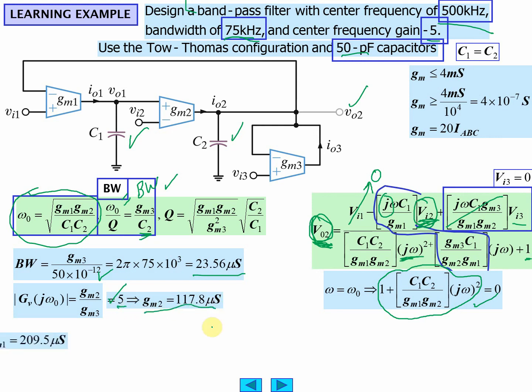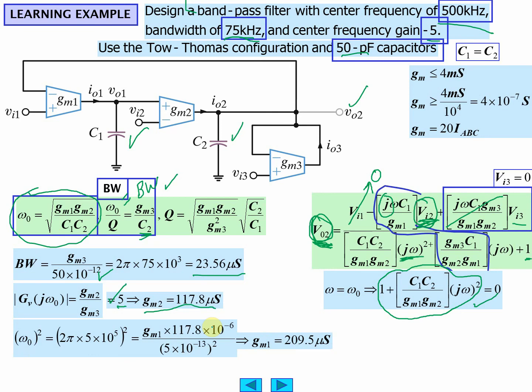What GM2 has to be. Now you can calculate everything else. GM1, GM3, it's going to matter. Or does it? Yeah, GM3 is here.